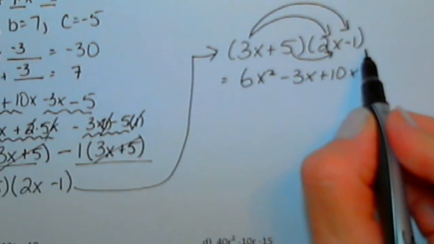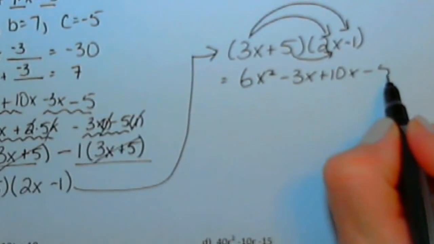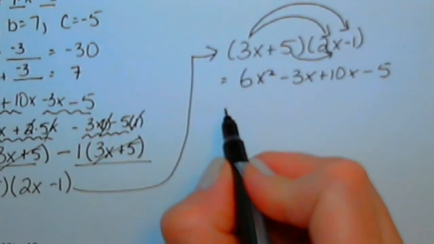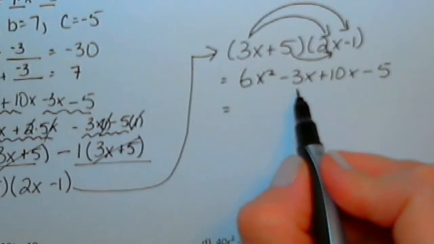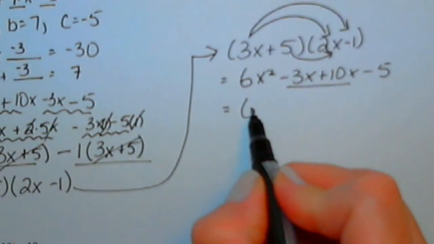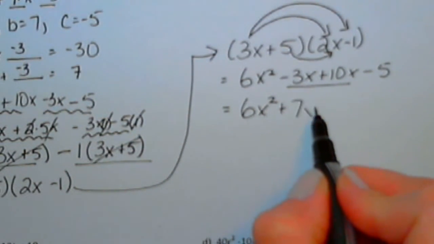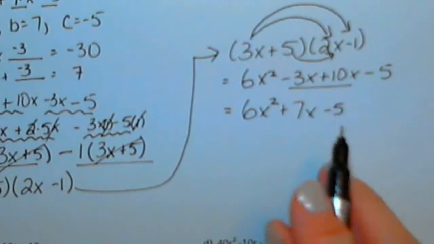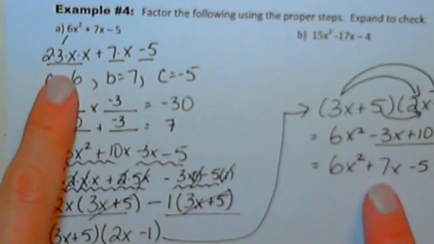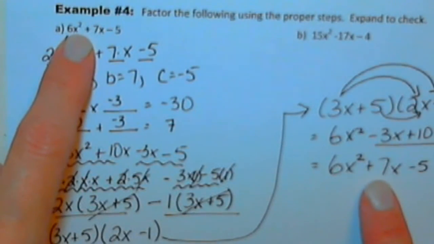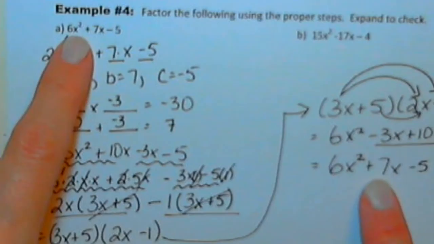Then you take the 5 and multiply by the negative 1 and you get negative 5. And then your job is to combine like terms, and you're going to get 6x squared plus 7x minus 5. And if you look, that was your original question, so you did it correctly.